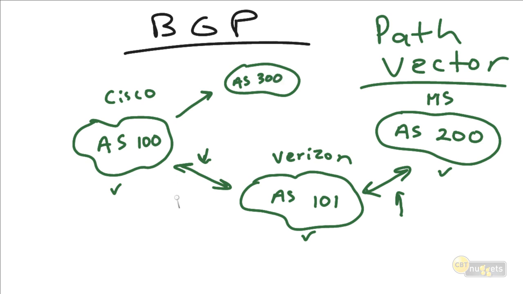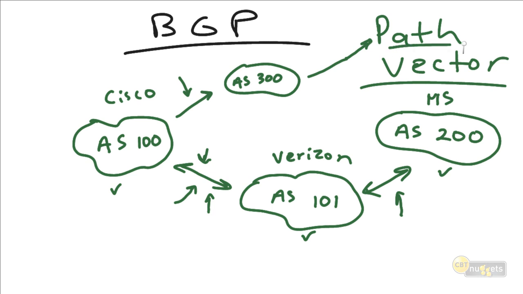Cisco wants some traffic going this way. It wants other traffic going this way, maybe to one of its partner organizations. In order to have all of these fine controls, we need a whole bunch of different metrics that we can use to potentially manipulate the path that is taken.